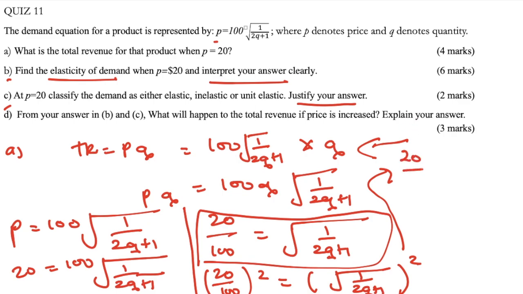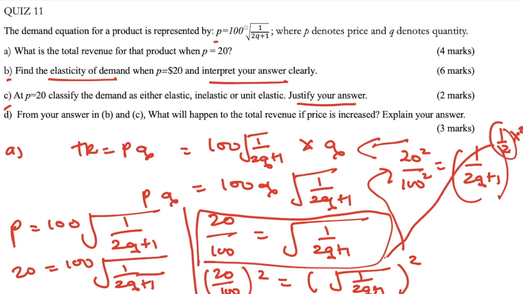So 20 over 100 equivalent to this, yeah, 1 over 2Q plus 1 to the power of 1/2, and then because you square, you multiply by 2. So this one is actually replacing the symbol of square root, that's all.